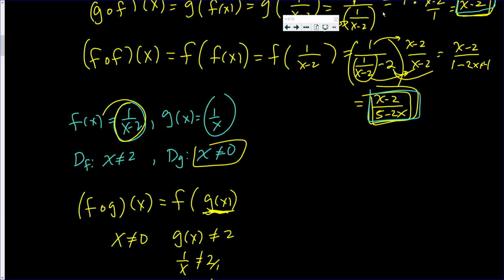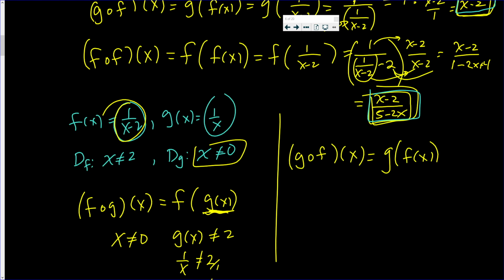What about the g circle f function? g circle f of x. Well, this is g of f of x. Okay, we're taking f of x. What can't you take f of? You can't take f of 2. So x cannot be 2. Now, what can't you take g of? You can't take g of 0.